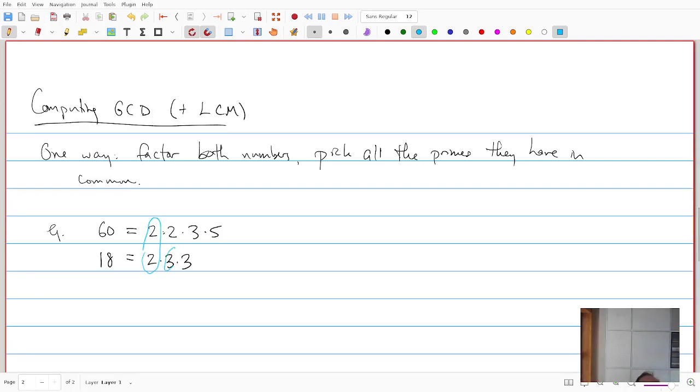They both have a 3, so I can pick one of those. But that's it, right? I can't use this extra 2 because 18 only has a single 2. I can't use this 5, 18 doesn't have any 5s at all. And I can't use this extra 3 because 60 only has one 3, so I only get to pick one. So that's 2 times 3, which is 6. That's what we said before was the GCD. Okay.